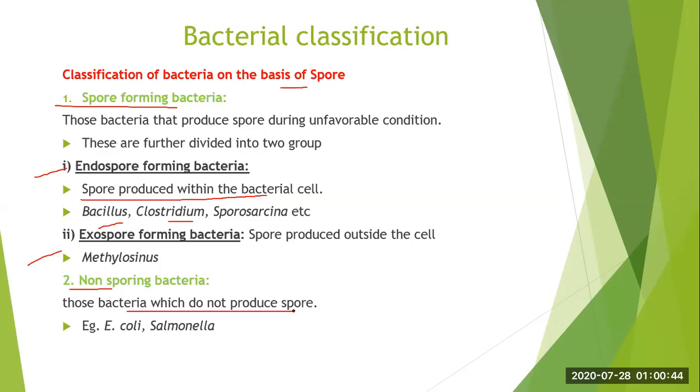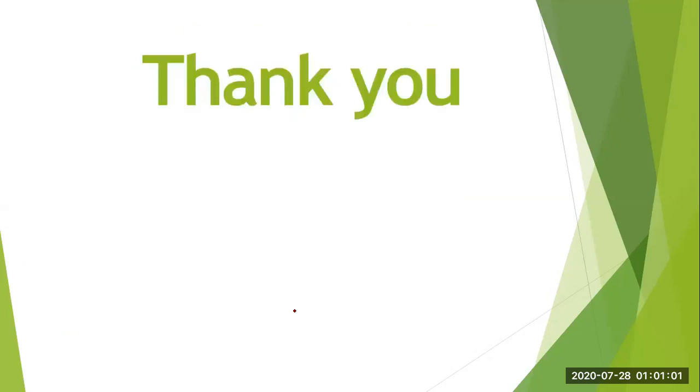Most bacteria are non-spore-forming, like E. coli, Salmonella, Vibrio cholerae, Streptococcus, and Micrococcus, while Bacillus and Clostridium are the spore-forming bacteria. So that is the classification we learned now, and we also learned some classification in our last class. So that's for today. Thank you.